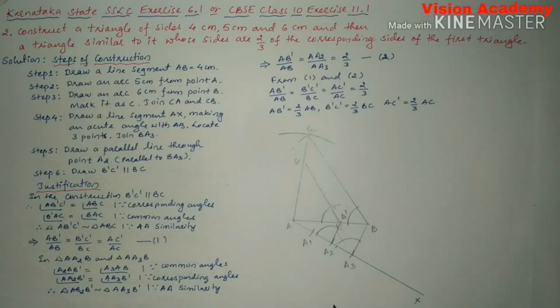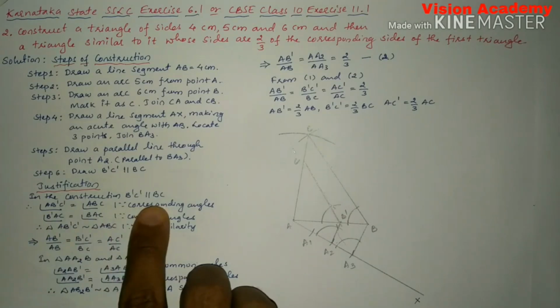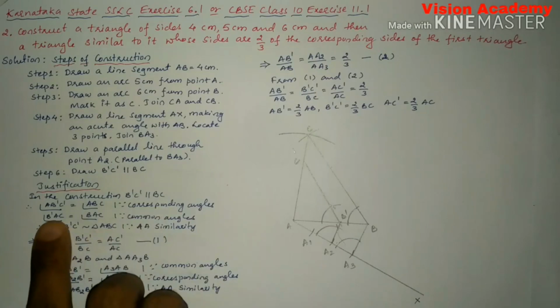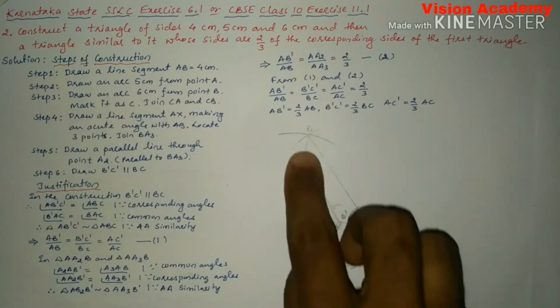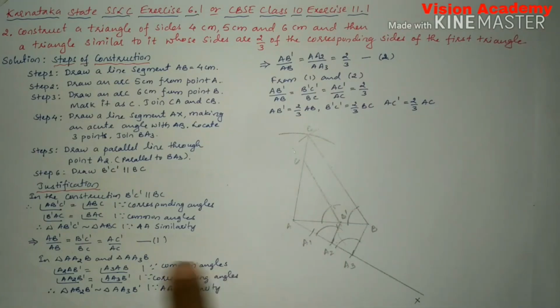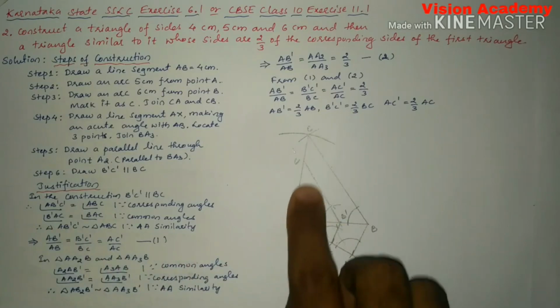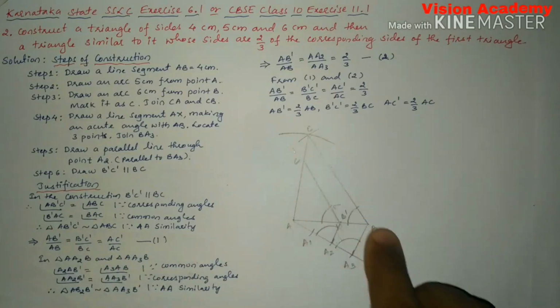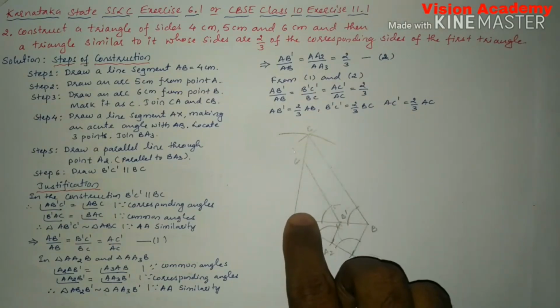Now we can read out the justification. In the construction, B dash C dash is parallel to BC. Therefore angle AB dash C dash is equal to ABC, because they are corresponding angles. And next one is angle B dash AC is equal to BAC, because the angle A is common.